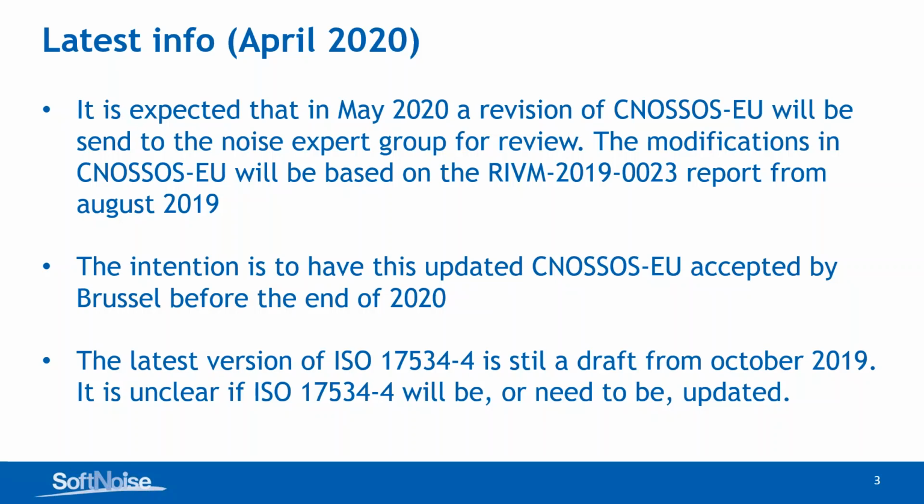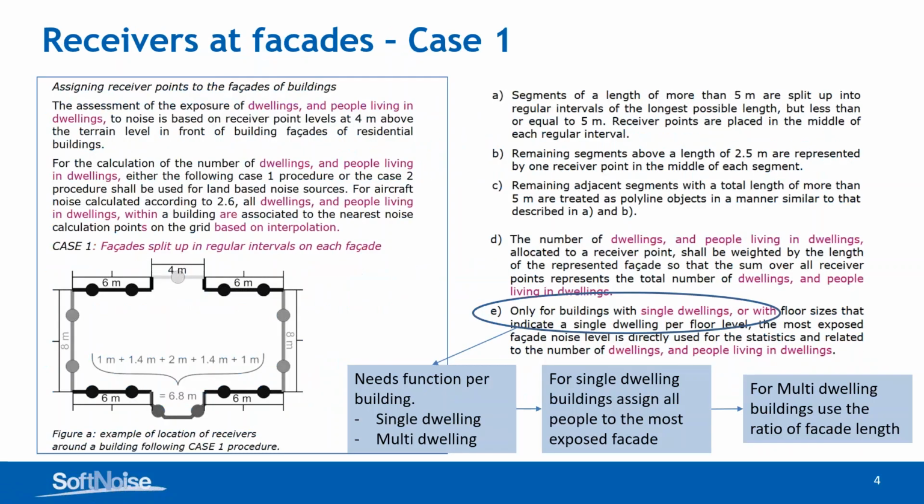And also, if you look at the quality assurance, the latest version is still a draft from October 2019. It's unclear if this quality assurance standard will be updated or need to be updated based on an updated CNOSSOS method, because in the current quality assurance draft from October, there are already specific issues solved that are in the new revision. Anyway, I'll come back to that in other webinars.